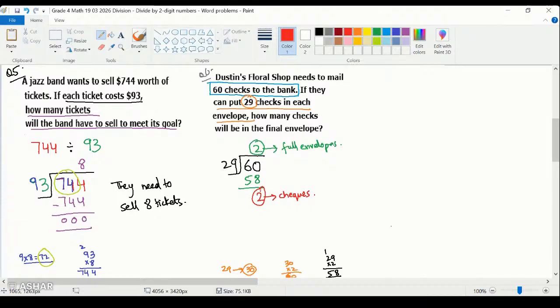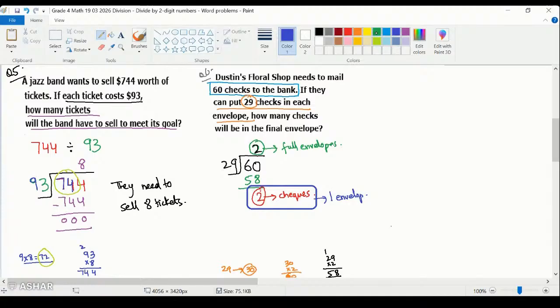So if we are already using 2 full envelopes, they also have to send the remaining 2 checks, right? And these 2 checks will also go in one envelope. They have to be sent in an envelope. So these 2 checks would go in one envelope. So how many total?